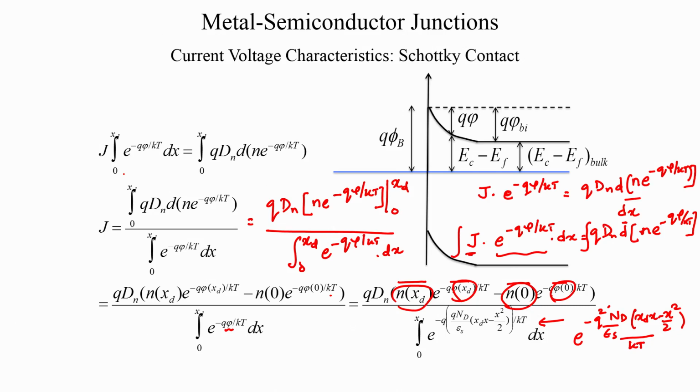So, now we are going to say that if x is really small, because we are talking about regions that are here, okay. So, let us look at x being much less than xd. In those regions I can ignore the term x square by 2, okay, because xd x is much greater than x square by 2.